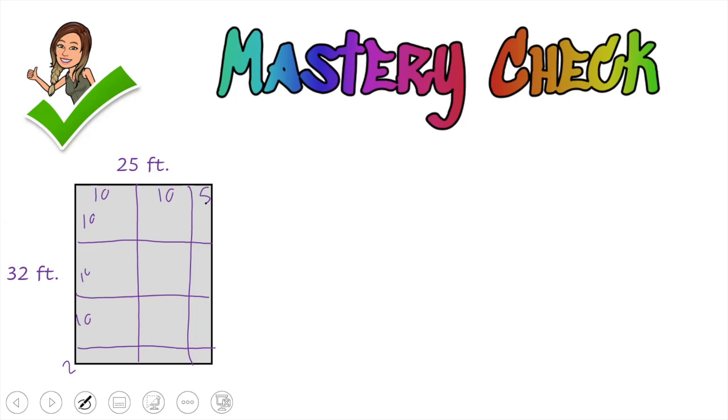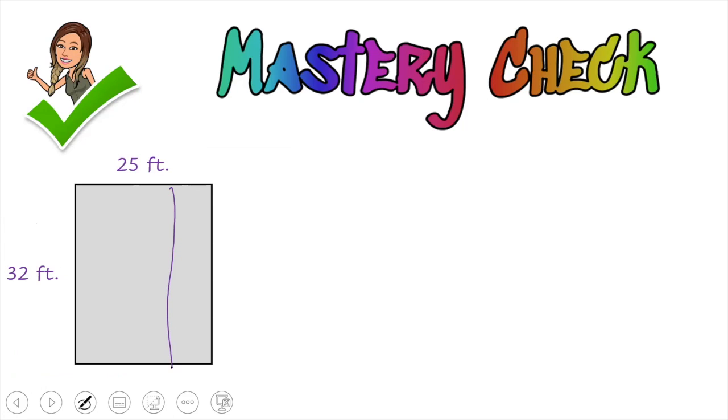Even better if we clear this. To break this up into looking like something as if it was area model multiplication, we can break this rectangle up by drawing a line here. And this is 20, and that can be 5. And then we can put a line here and imagine that this is 30, and then that is 2. Okay?